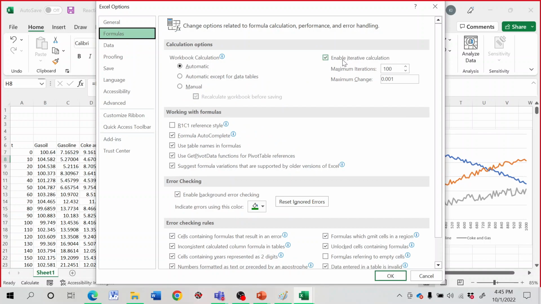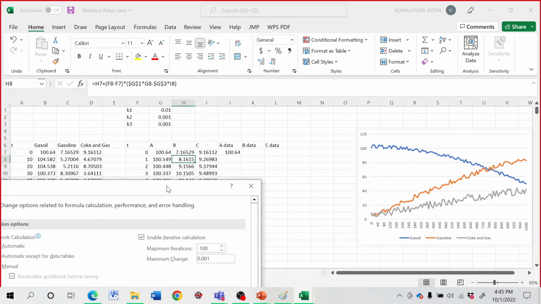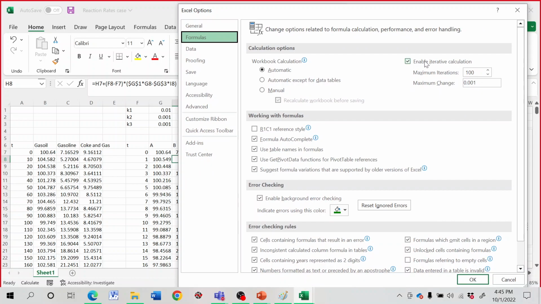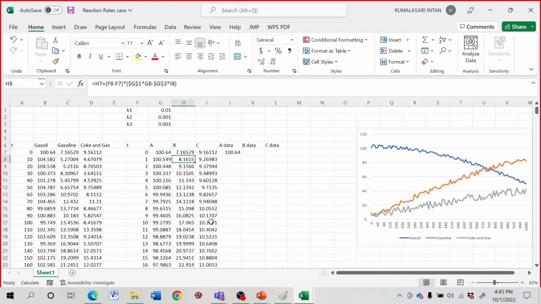I'm also wondering why I could get these calculations suddenly. If it's not enabled, Excel will cry. So you have to enable this iterative calculation. Hence, you get these calculations already.